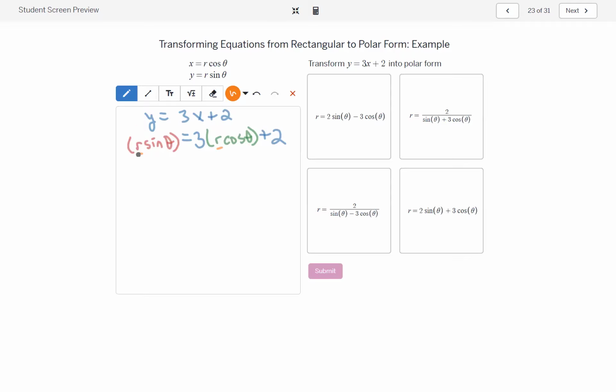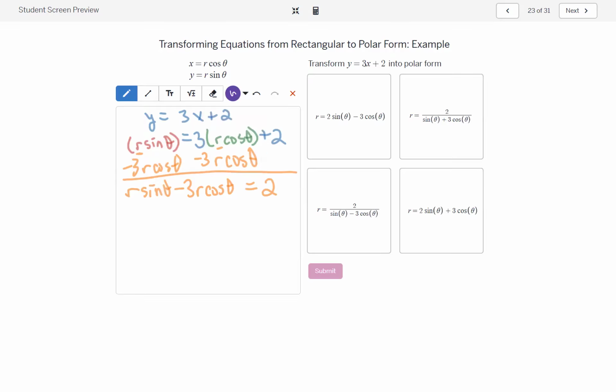So r sine theta is already on the left. 3r cosine theta, I'm going to minus that to the other side. So I have r sine theta minus 3r cosine theta. And this is just equal to 2 by itself.